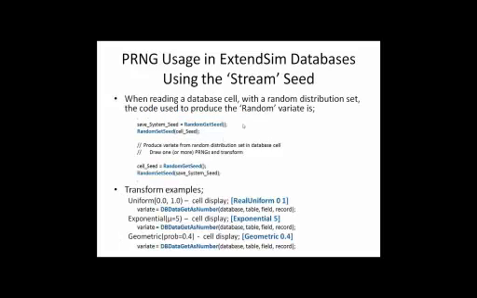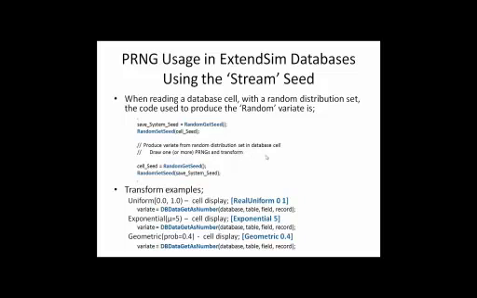Again, the sequence that occurs at the point in time when we are reading a database cell is very similar to what we saw in the block. We'll save a copy of the current system stream seed. We'll set the seed to the cell seed that we're keeping. We'll do our API call.